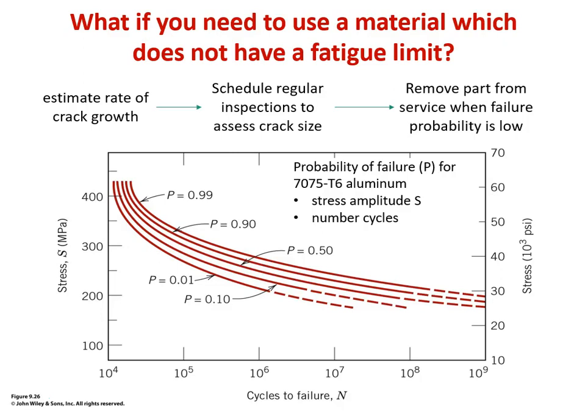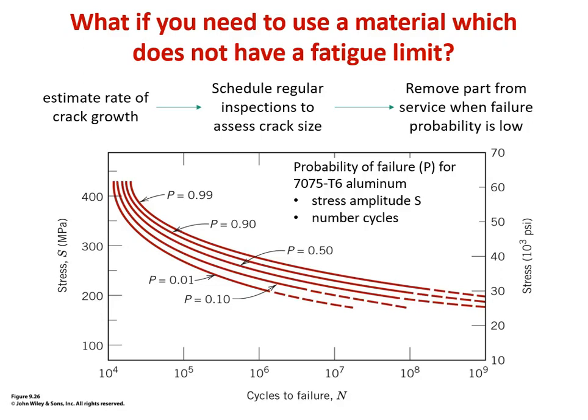So that's a wonderful alloy to use for lightweighting applications like aviation. These curves all give your probability of failure for a certain number of cycles and stress amplitude. You can see none of these curves plateaus and reaches a limit. There's no fatigue limit here. They're eventually going to fail.